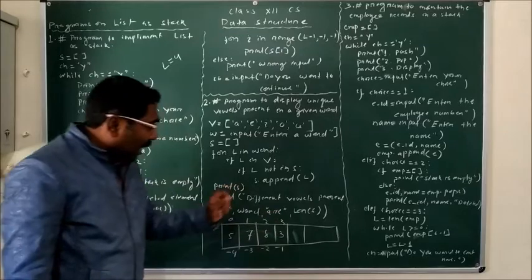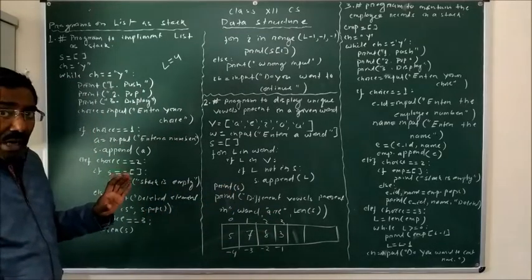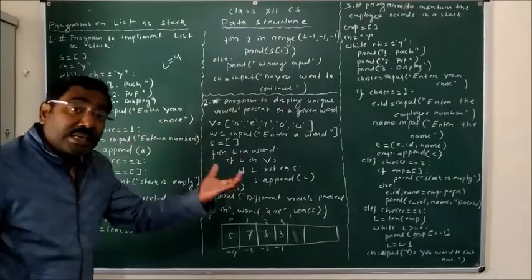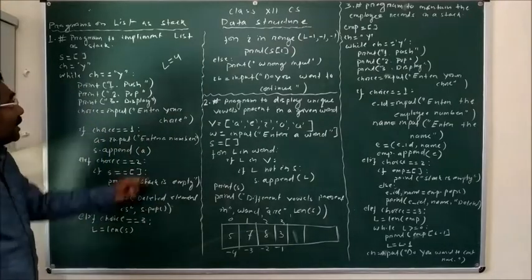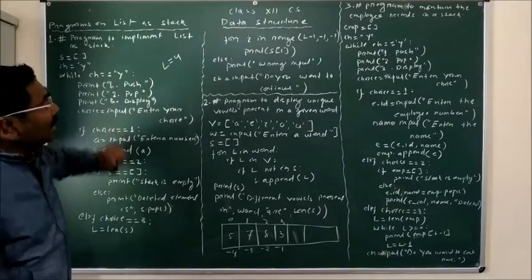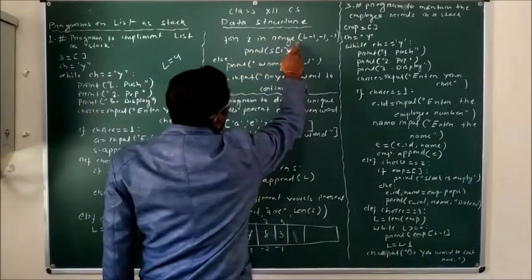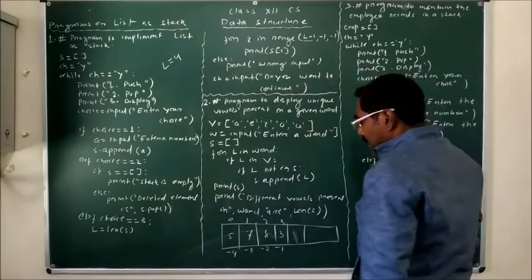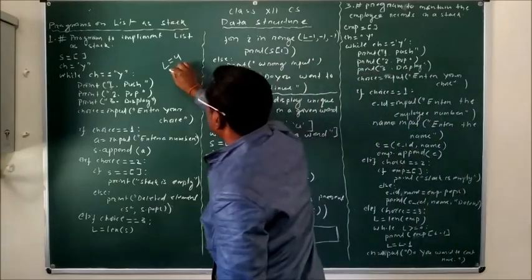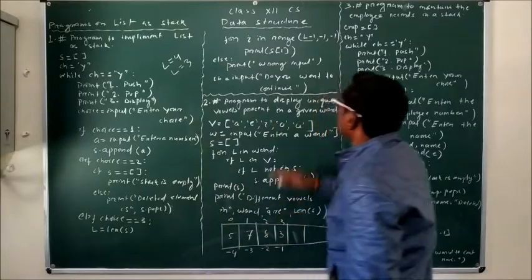Okay. As it is last in first out, we have to display it in reverse manner. For that, L is equal to len, that means L is equal to 4 over here. Then for i in range L minus 1, L minus 1 means now L is 4, so L minus 1 is equal to 3.